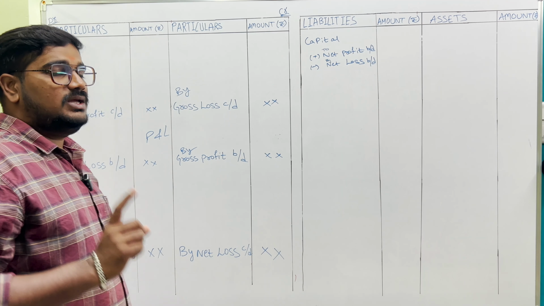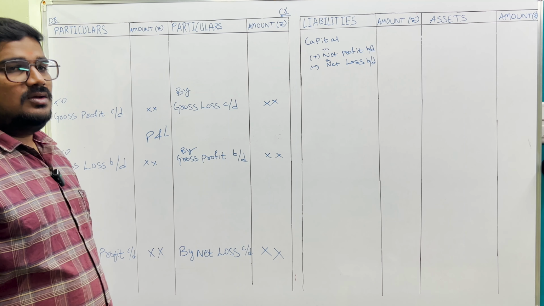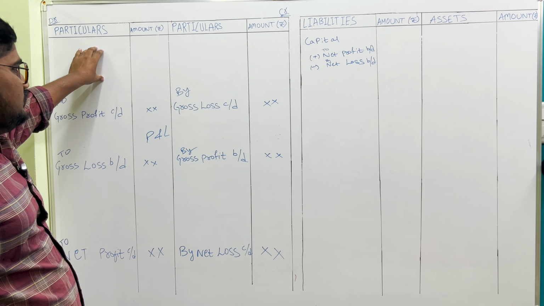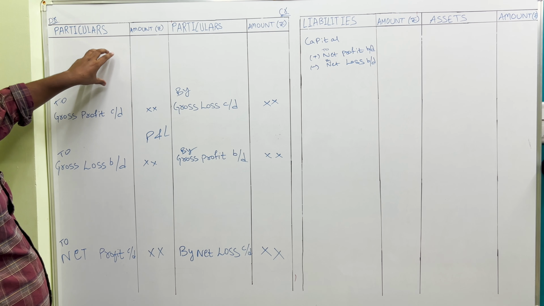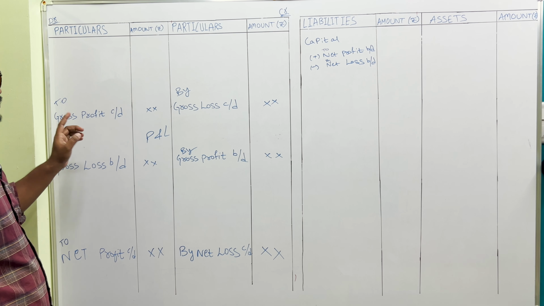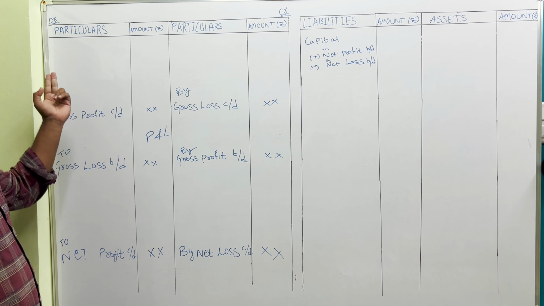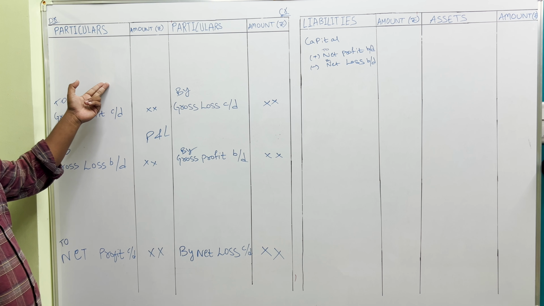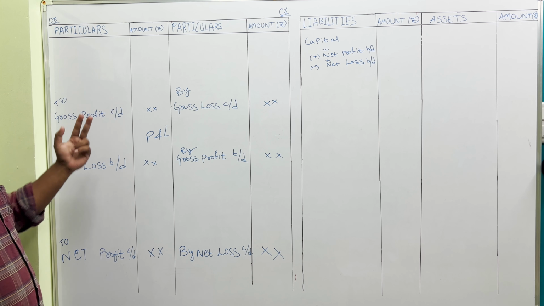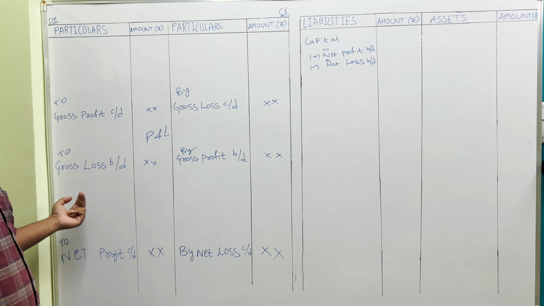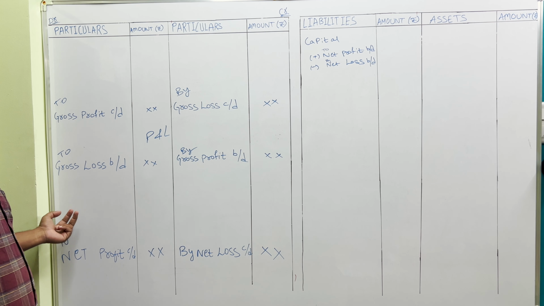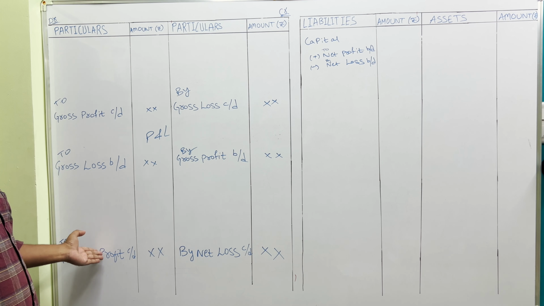The main important point to be remembered: whatever items we put in the debit side of the trading or P&L account, it should start with 'To'. To wages, to factory rent, to salaries in P&L account, to interest, to rent. It should be 'To' always on the debit side.